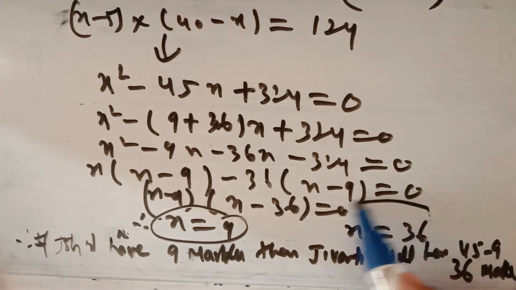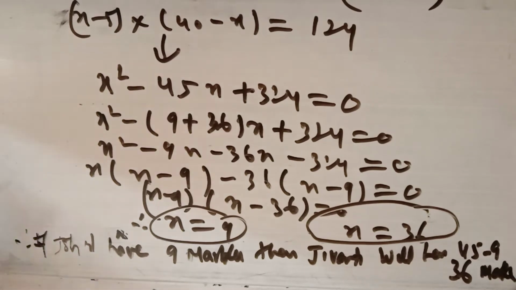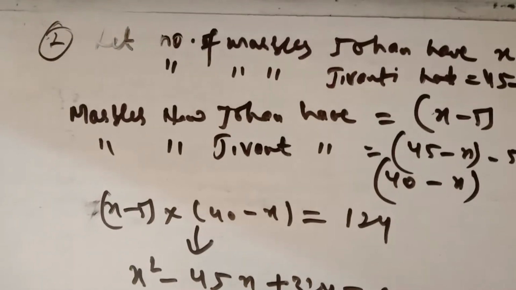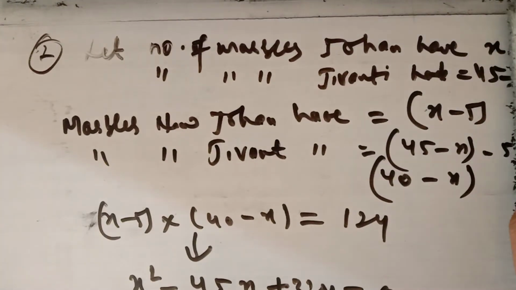Similarly, if John has 36 marbles, then Jivanti will have 45 minus 36, that is 9 marbles. So if John has 9 marbles, Jivanti will have 36. If John has 36, then Jivanti will have 9 marbles. So this is the solution number 1 for question number 2 of the second exercise.